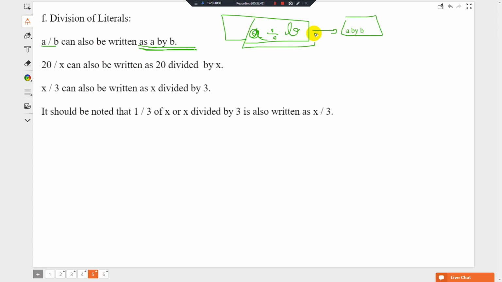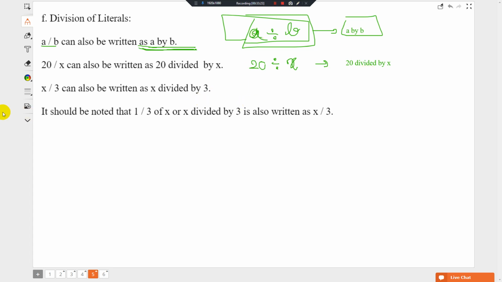Same order only for this. Now, 20 by X is read as 20 divided by X. In the first case, A by B we have done, and here we are doing 20 divided by X.